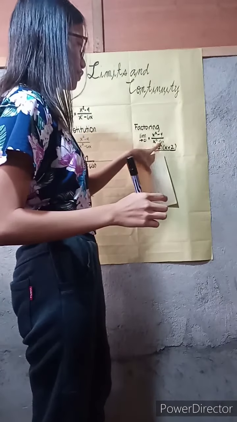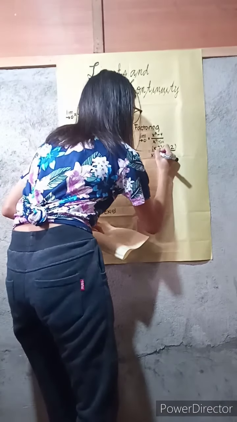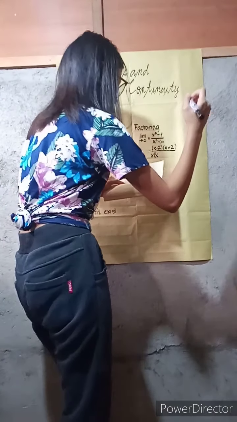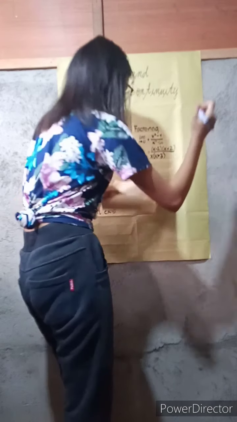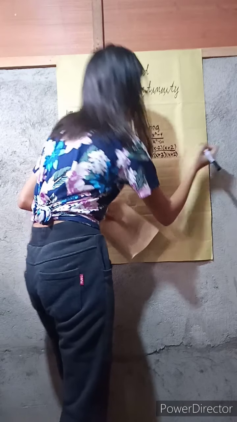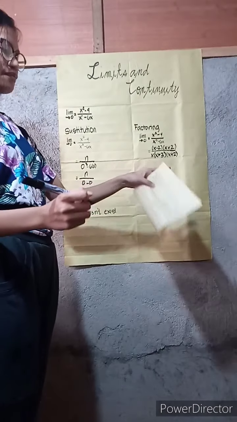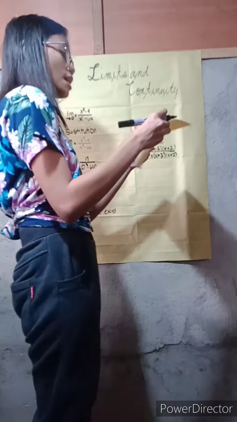And the factor of x cubed minus 6x is x times x minus 3 times x plus 2.